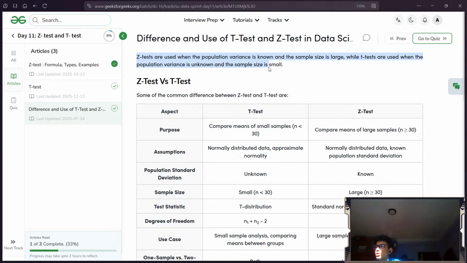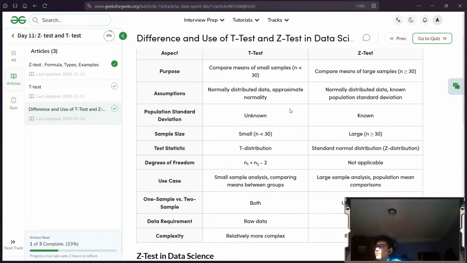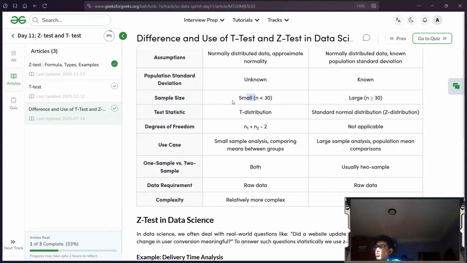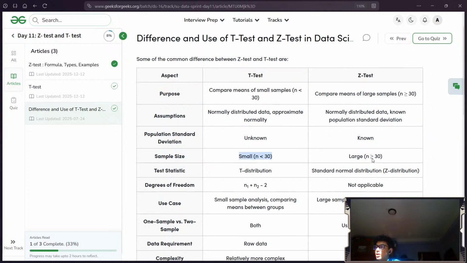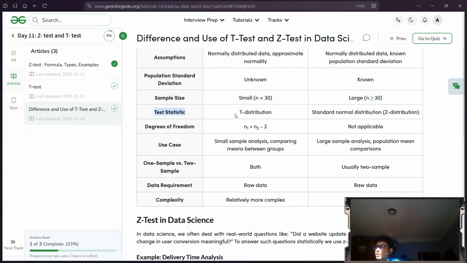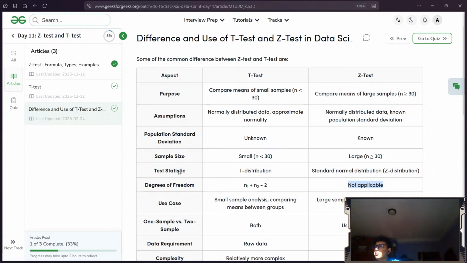Population variance is known and sample size is large for the z-test; t-tests are used when the population variance is unknown and the sample size is small. Population standard deviation: unknown for t-test, known for z-test. Sample size: small, less than 30, for t-test, and large for z-test. Test statistic: t distribution for t-test, standard normal z distribution for z-test. Degrees of freedom: n1 plus n2 minus 2 for t-test, and not applicable for z-test.